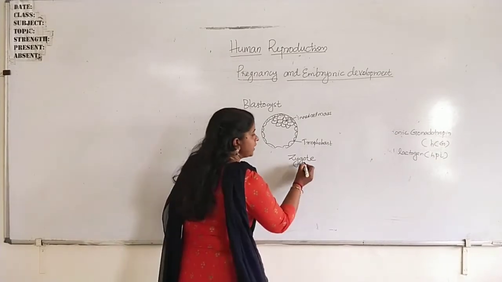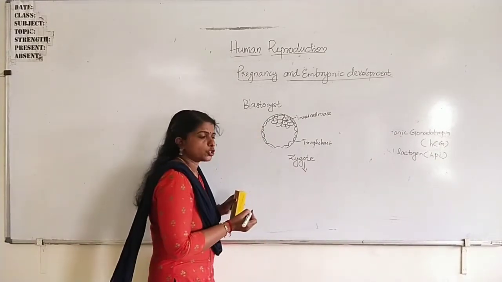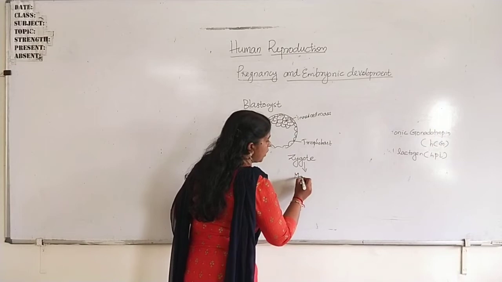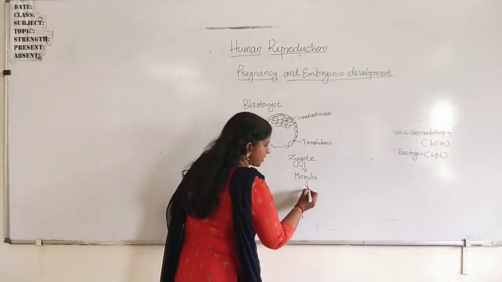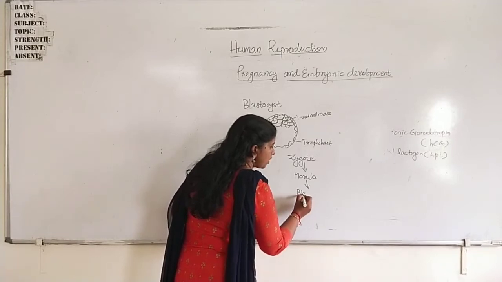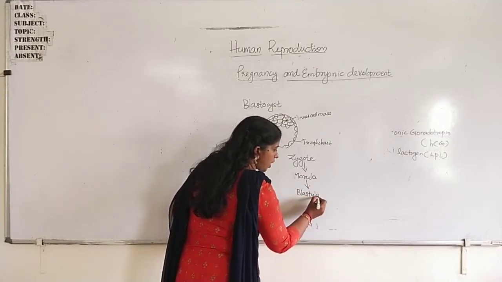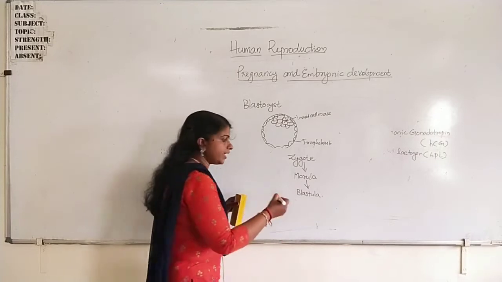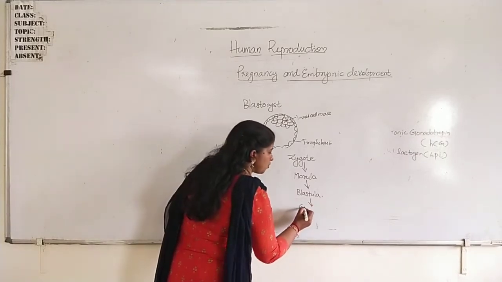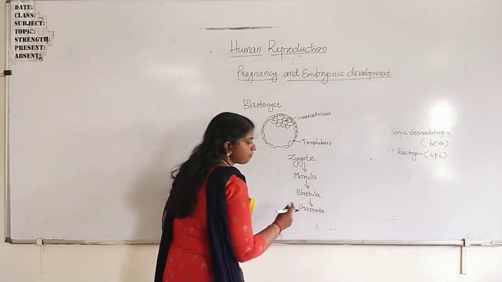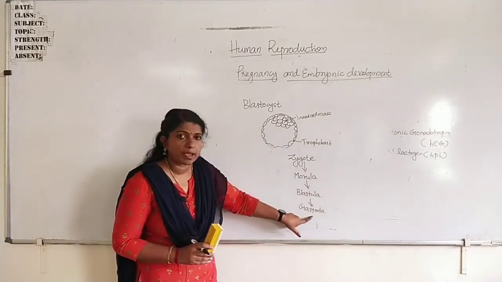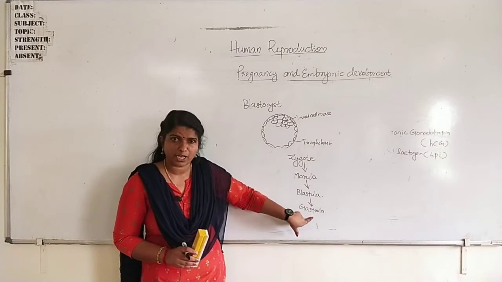Then the zygote changes into the morula by continuous division. After that, it becomes the blastula or blastocyst. Then it changes into another structure called the gastrula, the next embryonic stage.